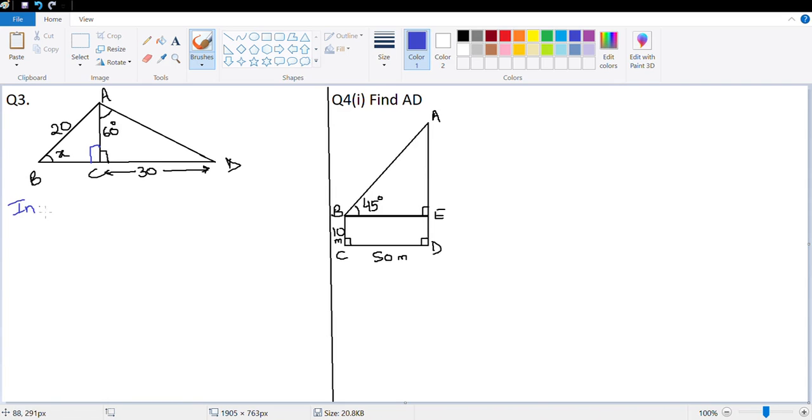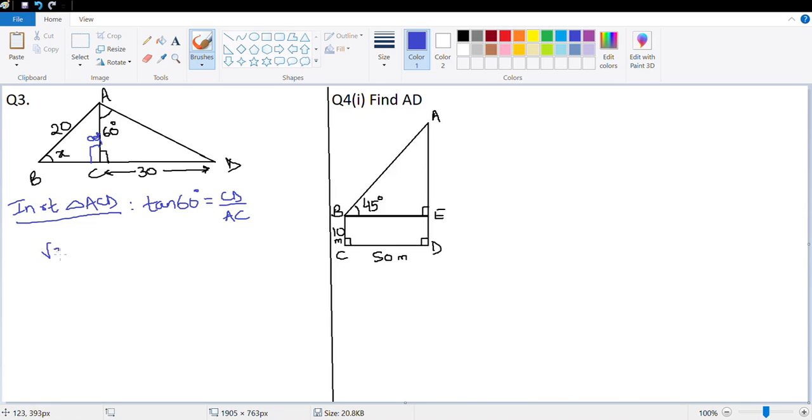So in right triangle ACD, if this is my reference angle, AC is adjacent and this is opposite. So what we have is tan 60 degree is equal to CD upon AC. Tan 60 degree is equal to root 3.